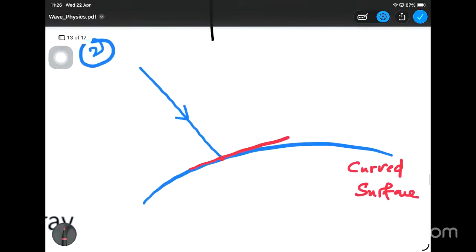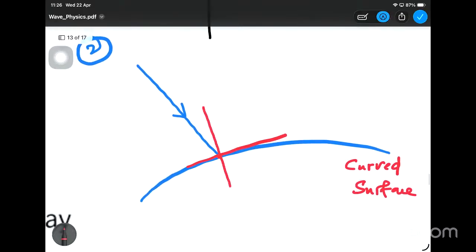Afterwards, you are measuring the angle and you are drawing the normal like this. Just imagine the incoming ray is here. Then for this place also, you need to draw another tangent. Then you are going to draw the normal. This is how the diagrams are being completed for a curved surface.